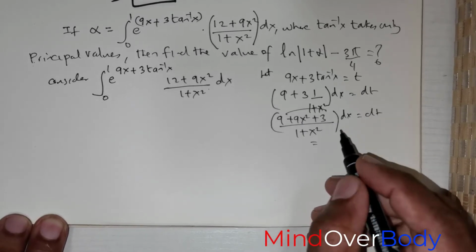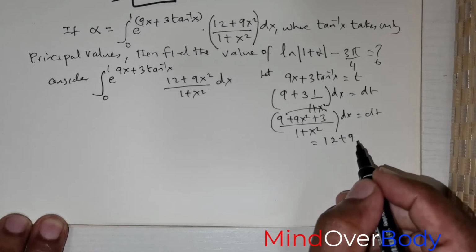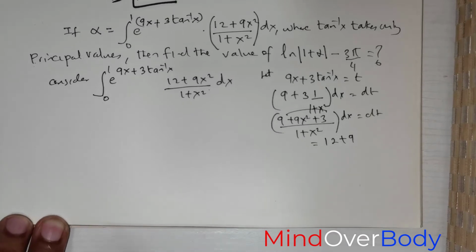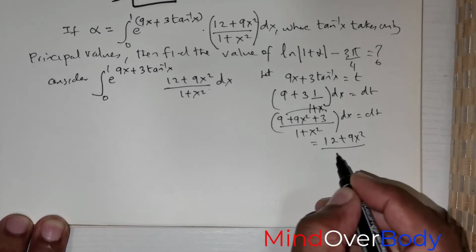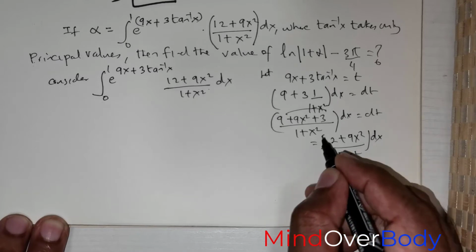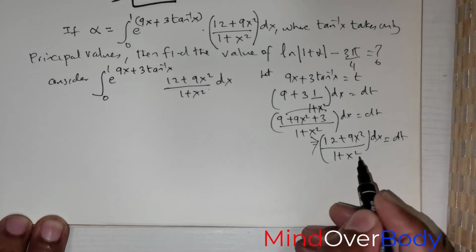This is equal to 9 added with 3 would give me 12 positive 9 times x squared divided by 1 positive x squared times dx. So this is what I would get, and that would be equal to dt.